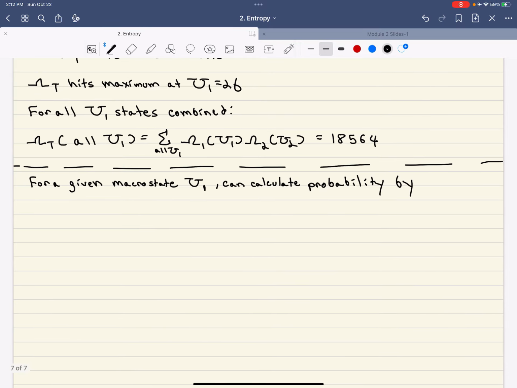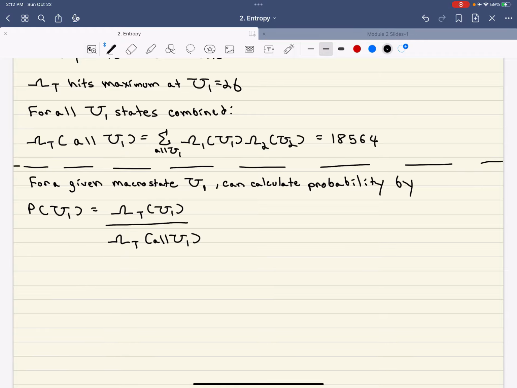The probability for a given U1 value is just equal to the number of microstates for that U1 value divided by the number of microstates for all of the possible U1 values, right?